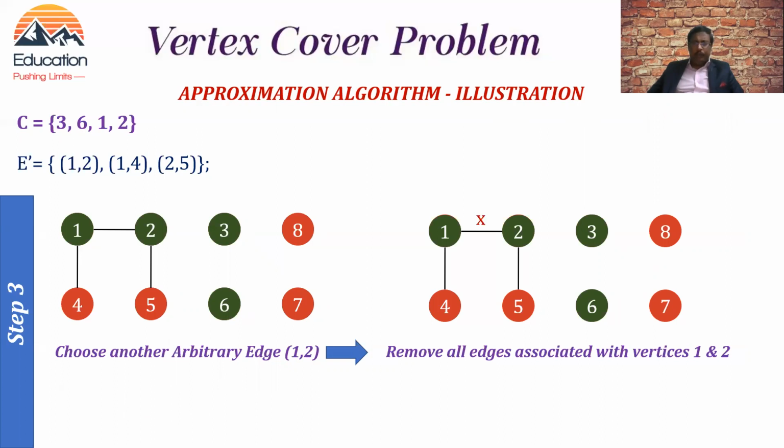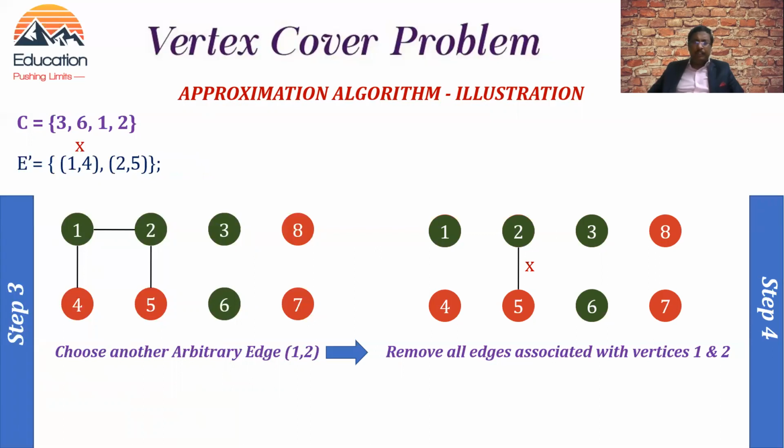So I have to remove 1, 2, 1, 4, 2, 5. As I remove all these edges, they should also be removed from E dash. Remember the step. So 1, 2 I am removing from E dash. 1, 4 I am removing from E dash. 2, 5 I am removing from E dash. Finally, E dash becomes null.